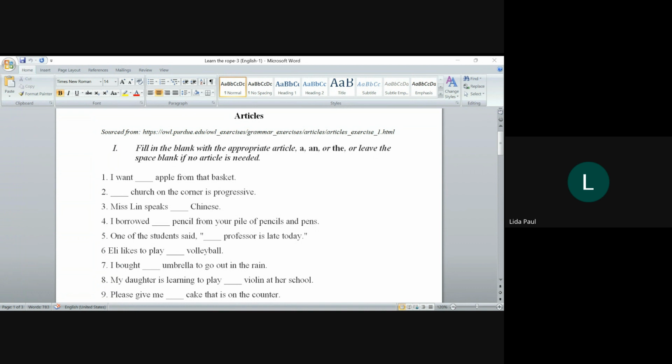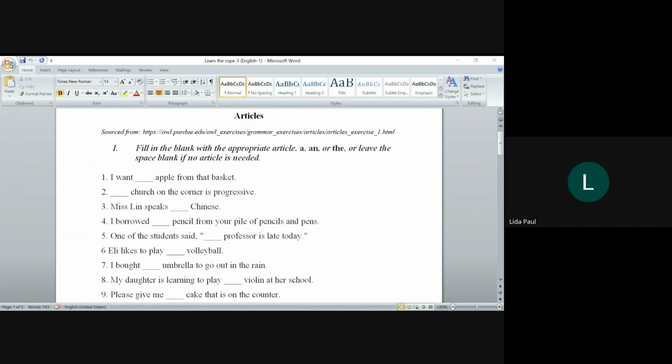One is called a definite article and the other is called indefinite articles, right?